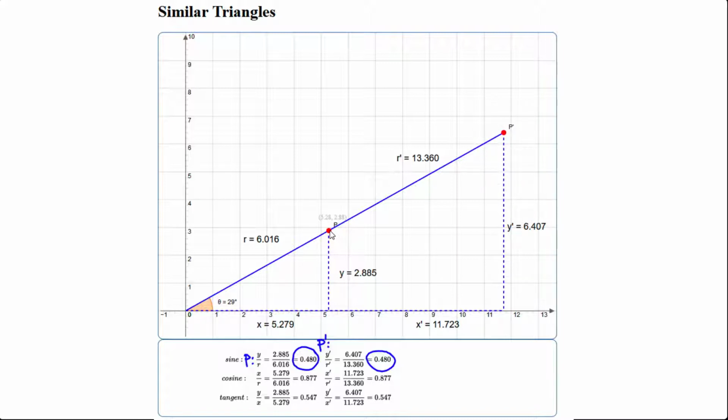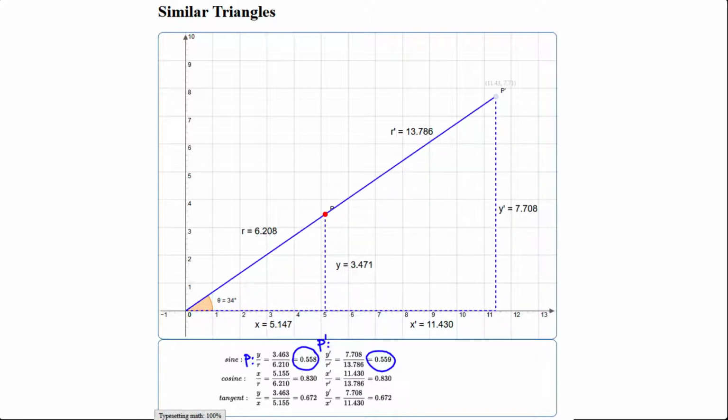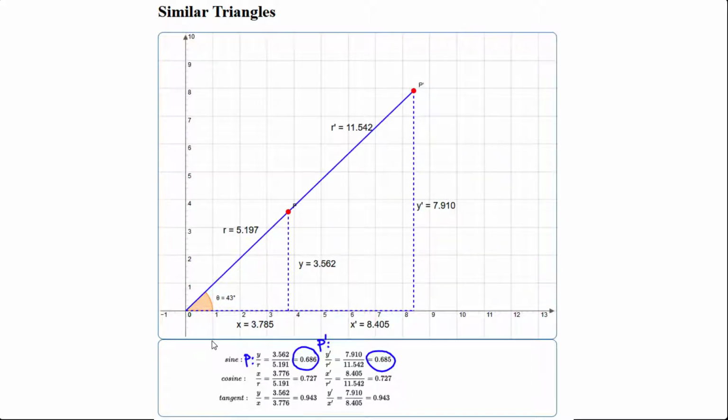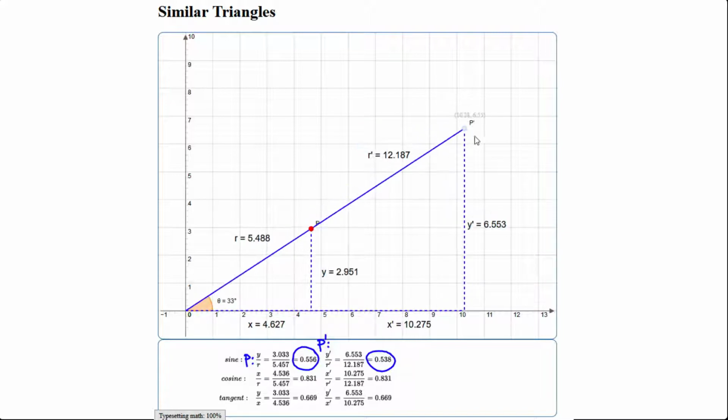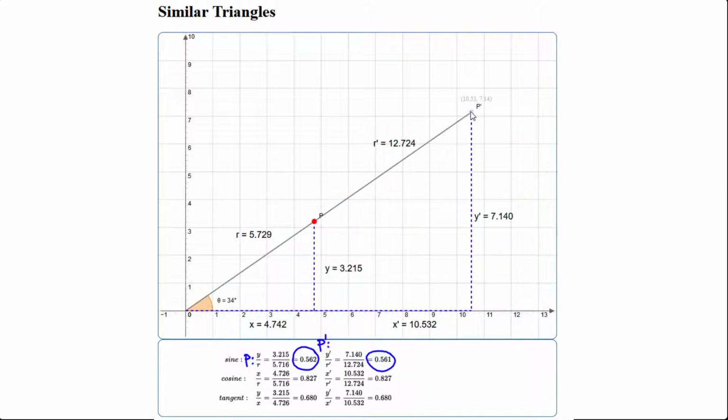Let's do this. There we go. So if I move point P to a different location, that changes the value of sine, cosine, and tangent.